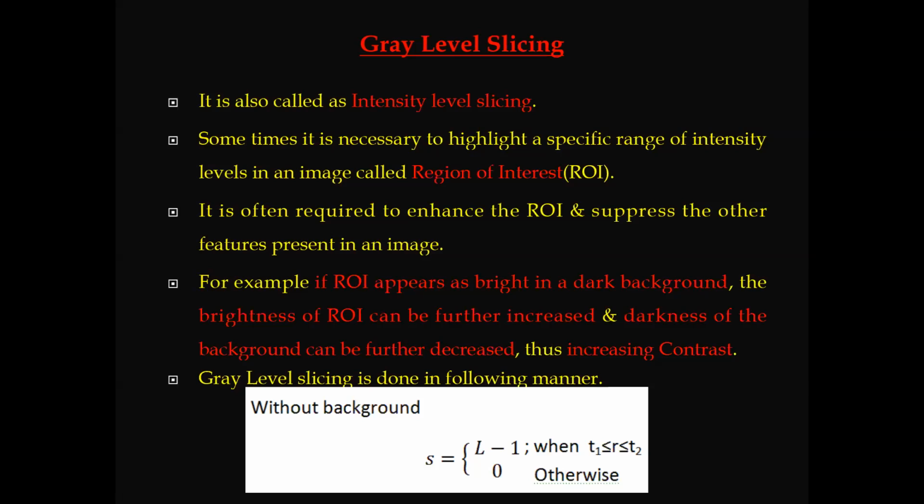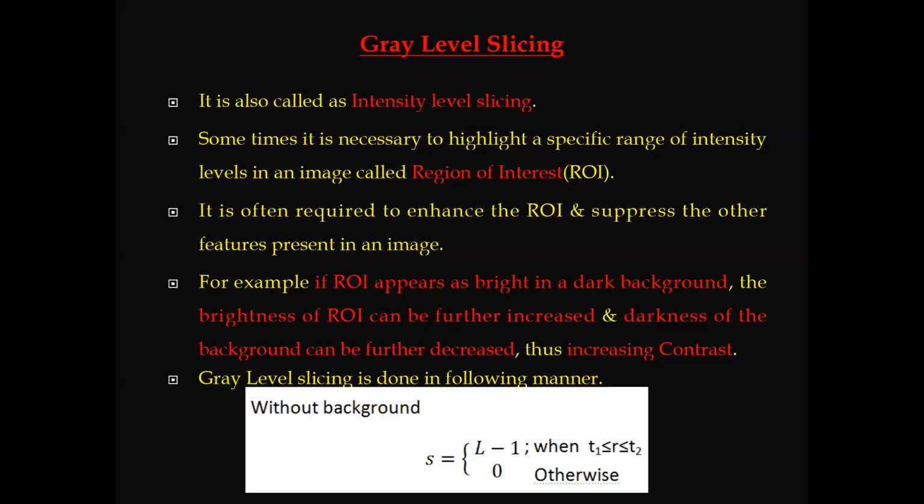For example, if the ROI appears as a bright light in a dark background, the brightness of the ROI can be further increased and the darkness of the background further decreased, thus increasing the contrast.